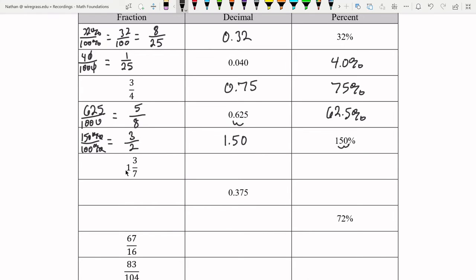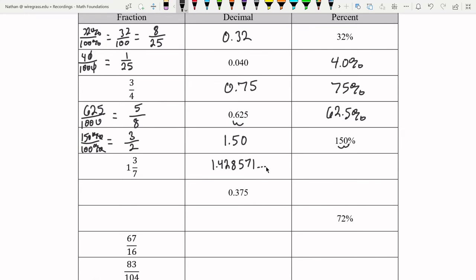All right, fraction. This is, of course, the easiest one to do because we just do the division to get the decimal and then the decimal to percent. So 1 3/7 is going to be, I'll do 3/7 on the calculator. I get 0.428571. It continues on indefinitely. And then just add 1 onto that, and I get 1.428571.